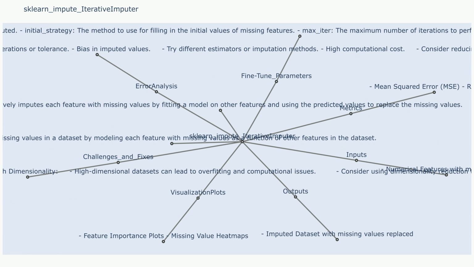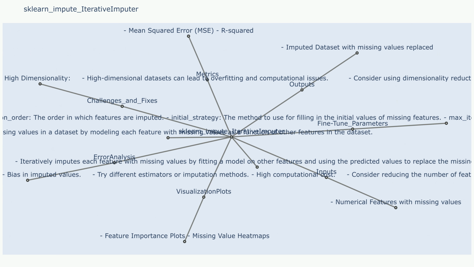Missing values, the value that represents missing values in the input dataset. By default, this is set to NaN, not a number. Sample posterior. This parameter controls how the imputer handles the uncertainty in its predictions. If set to true, it will sample from the posterior distribution of the estimator to generate imputed values.